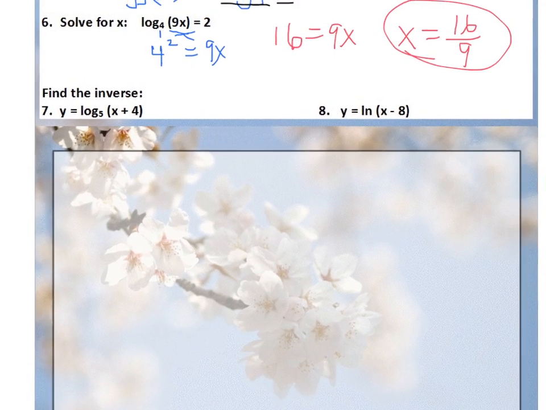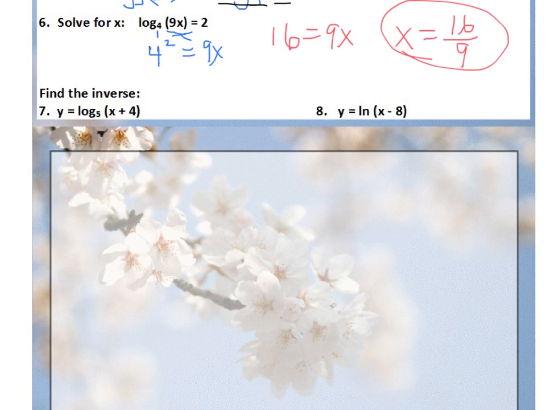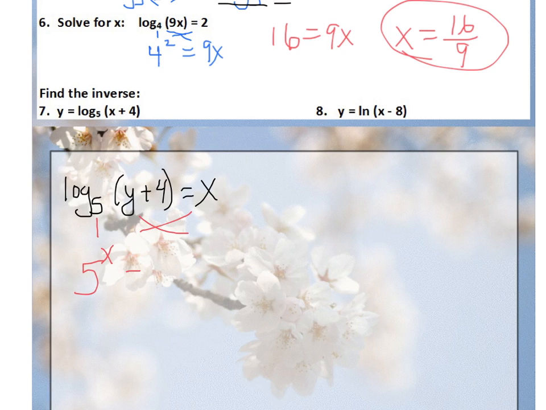Okay, so lastly for 7 and 8, to find the inverse, our first step is to switch x and y. And as I do that, I'm going to write the log on the left. Now I can change it to exponential form. And then we have to isolate the y. So our answer is 5 to the x minus 4 is y inverse.